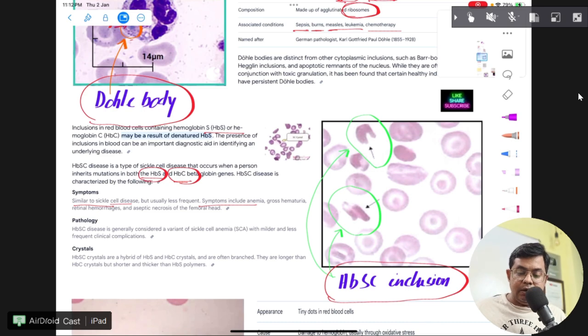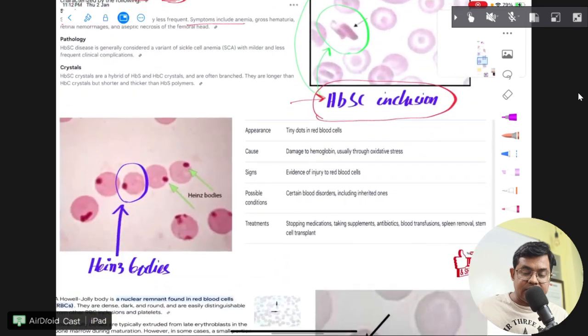Now, these abnormal structures are seen like this, the shape of hand-like structures, and these are the features of HBSC inclusion.